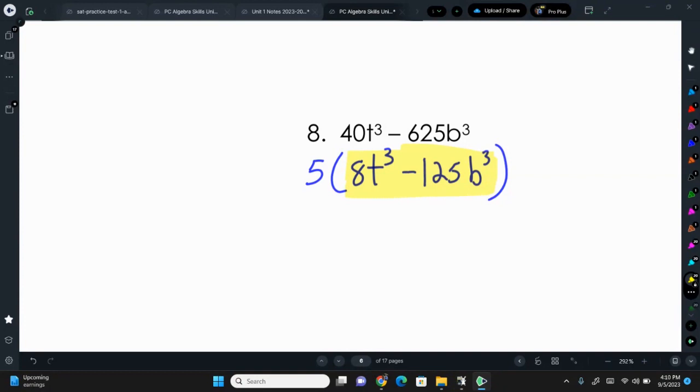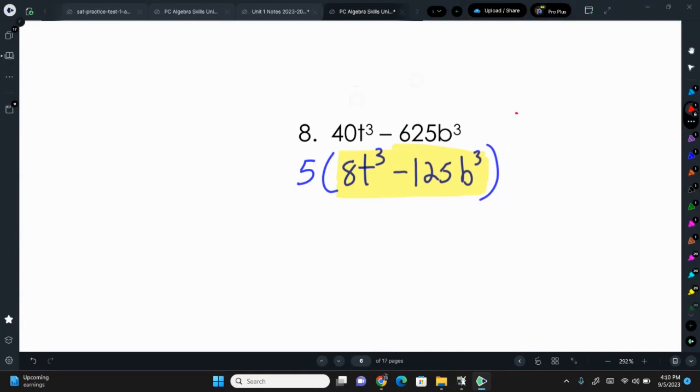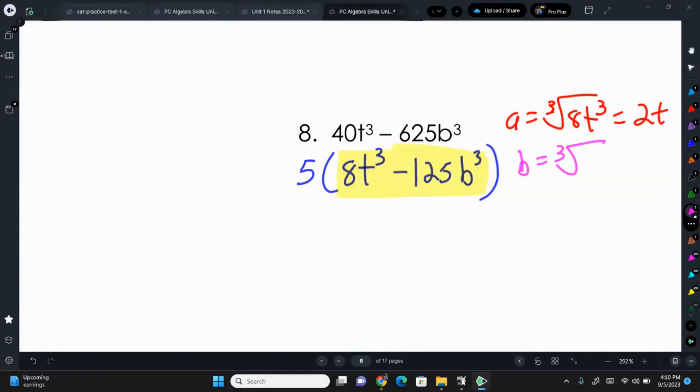This is a difference of cubes. So our a value is going to be the cube root of 8t to the third, which is 2t. And our b value is going to be the cube root of 125b cubed, which is 5b. So then we can just use our formula.